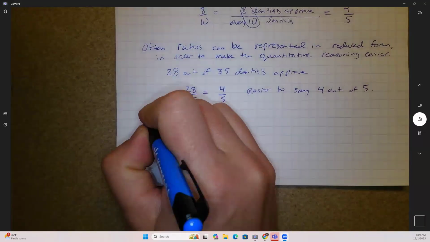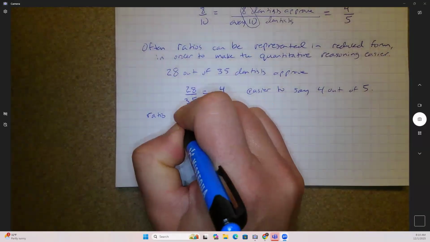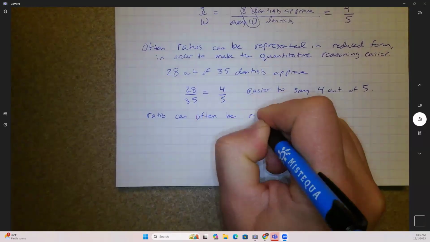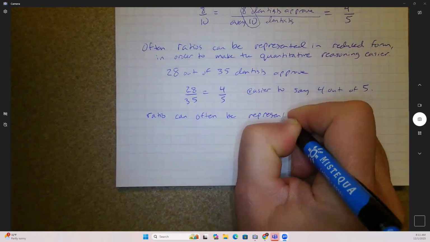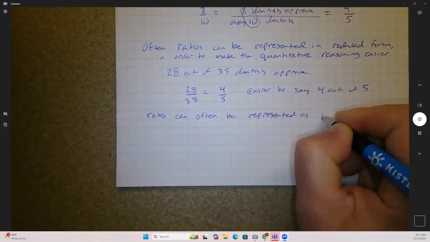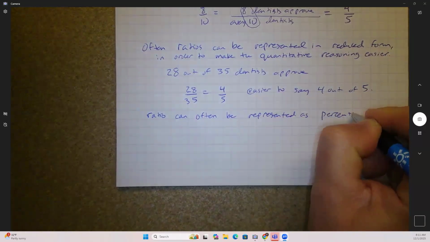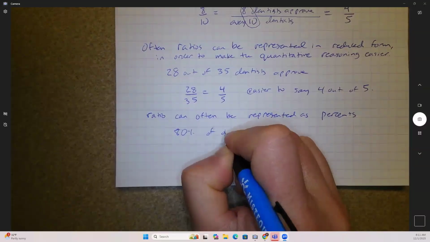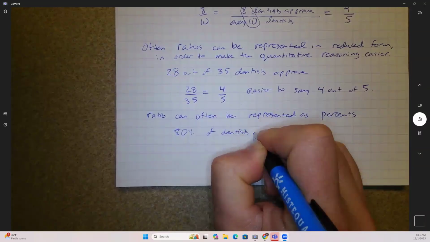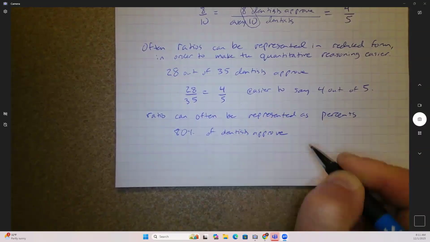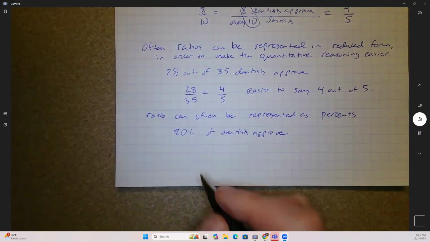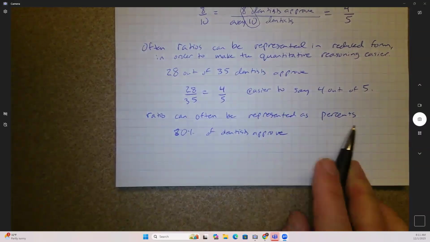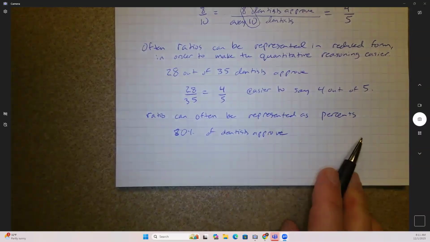And ratios can often be represented as percents. 80% of dentists approve. Well, percent in Spanish, por ciento, just means out of 100, right?